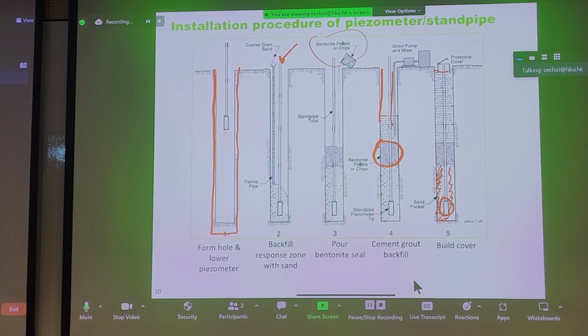For piezometers, yes, use the bentonite and the localized installation arrangement, but for a standpipe, you would use mostly gravel or sand along the entire depth to leverage the entire perforated length of the standpipe. So this is how these instruments are installed.